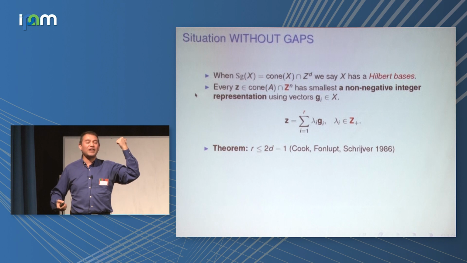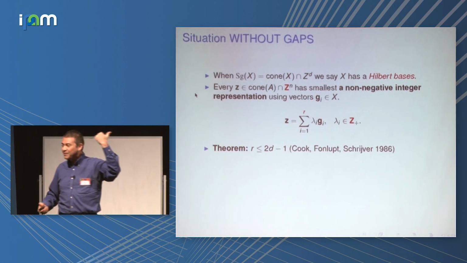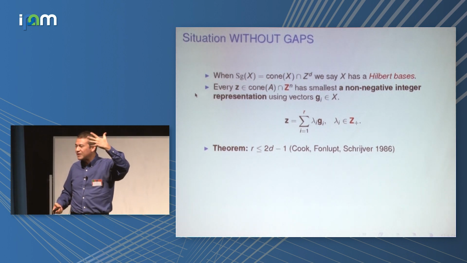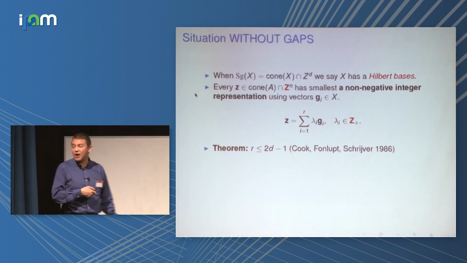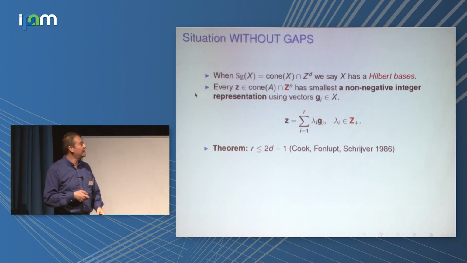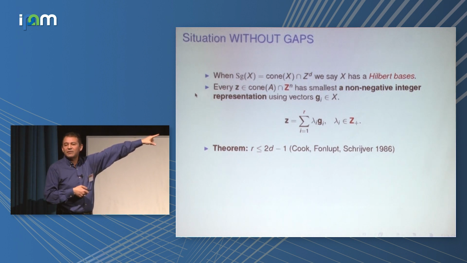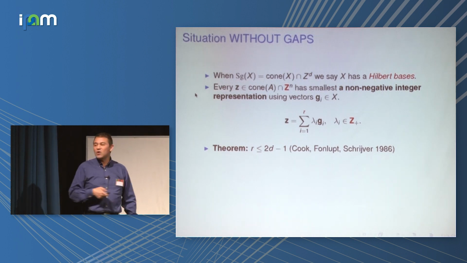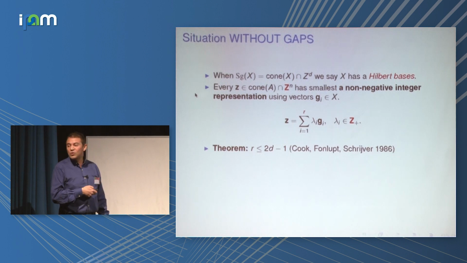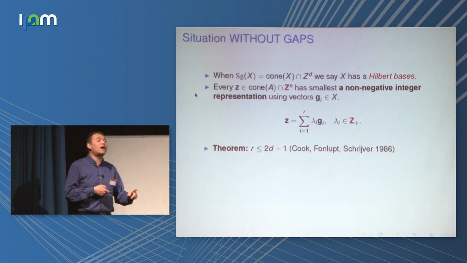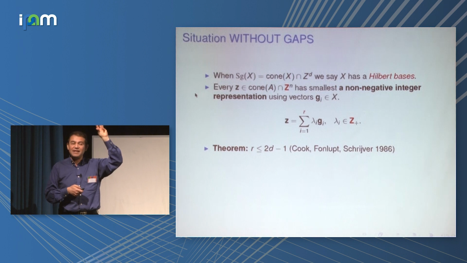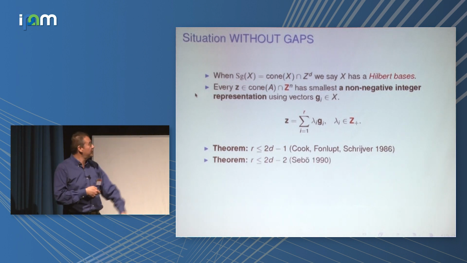This is the version of Carathéodory's theorem over the integers that Hilbert essentially suggested has to exist. But this is the first bound we got that is really good. Hilbert's bound was horrible. So this is really the best linear bound. And notice how close it's getting to Carathéodory's theorem. Carathéodory's bound was D. If you're in dimension D, you need only D vectors at most.